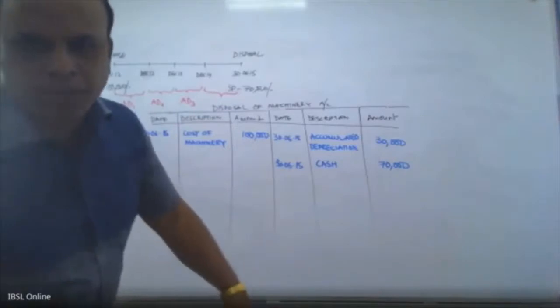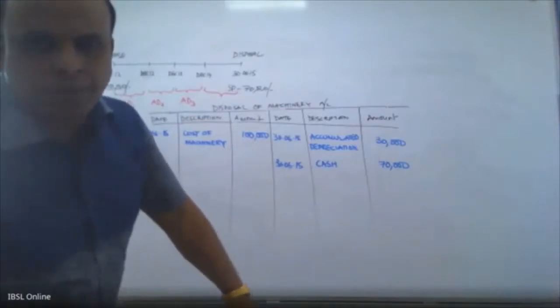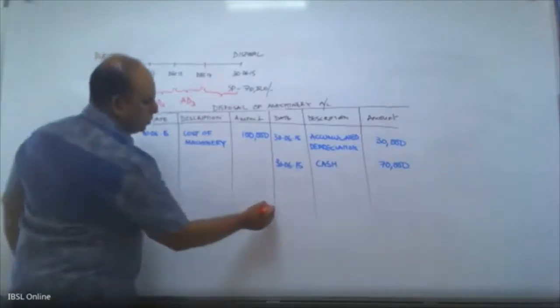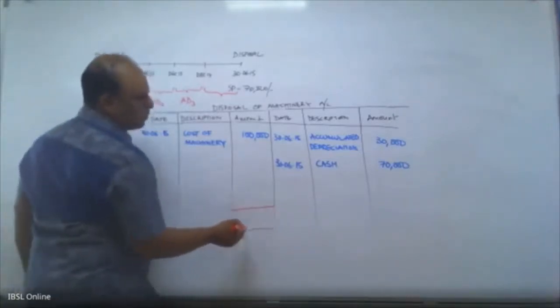Then what is the next part? What is the profit or loss on disposal of the machinery? So they are asking the profit or loss on the disposal. So now we have to balance the account.